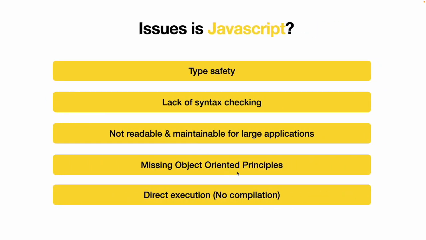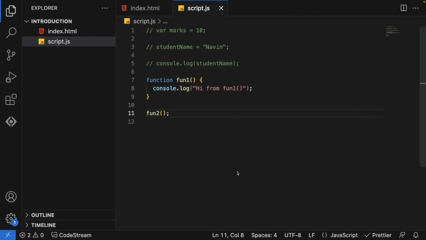Next, it's lacking in object-oriented principles. Of course, it's a very old scripting language, and it's very lightweight for day-to-day usage, because it's supported on all the devices. So it can't have much complication in that. Otherwise, it will get overloaded, and it will be difficult to run JavaScript on all the devices.